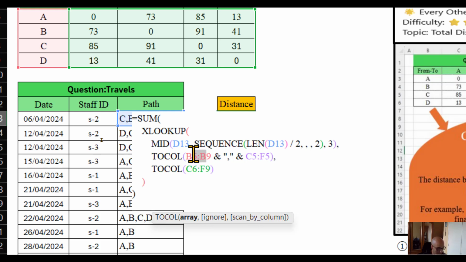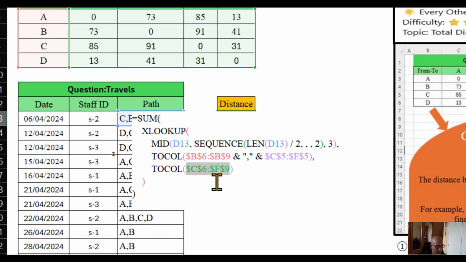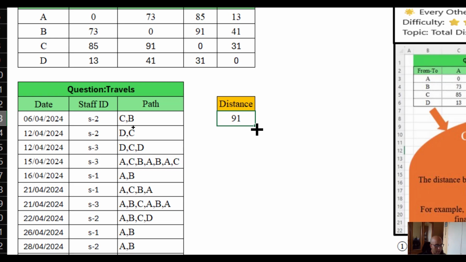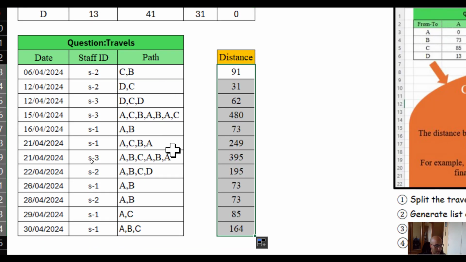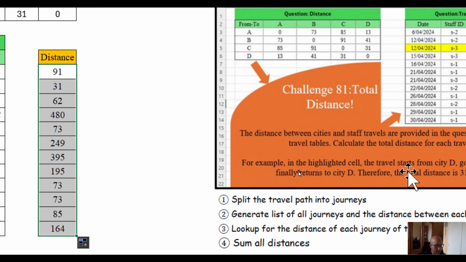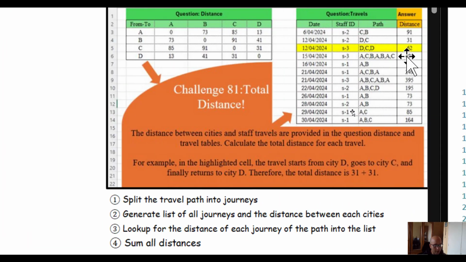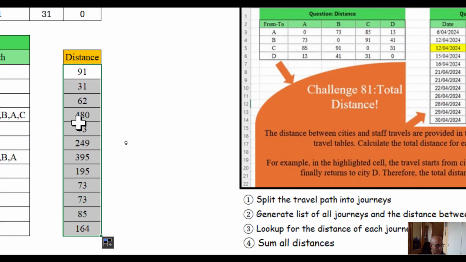I will use dollar signs here, and we have our distance for each trip, and we can check that our result is correct: 91, 31, 62, and we have the correct answer.